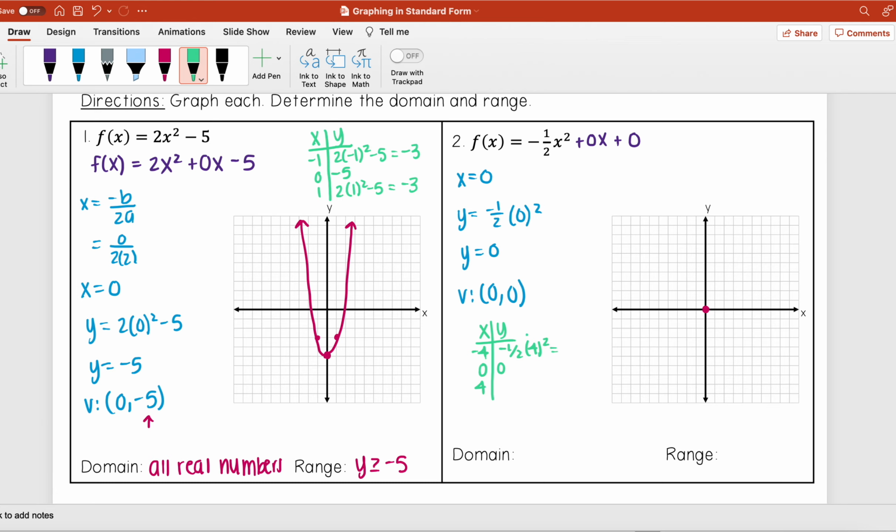Well, 4 squared, that's just 16. 16 times negative 1/2, I get negative 8. And now negative 1/2 times 4 squared will get me negative 8 as well. And so that gives me the points negative 4, negative 8, and then 4, negative 8.